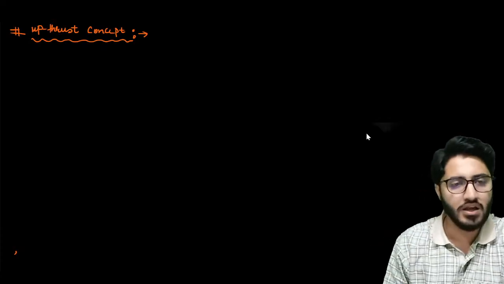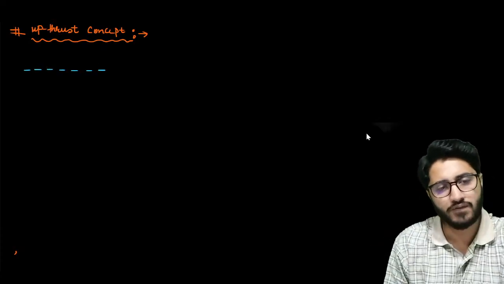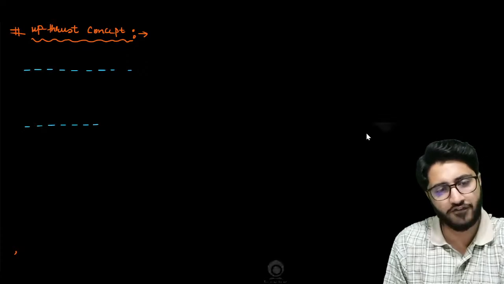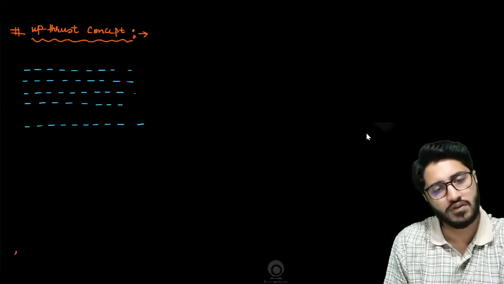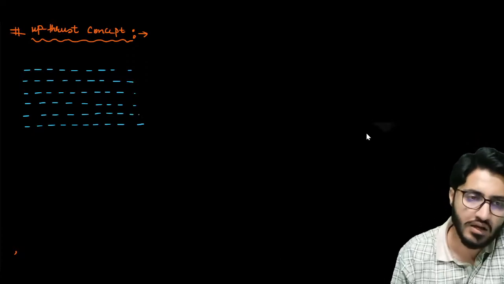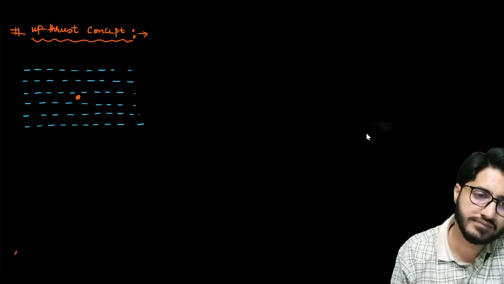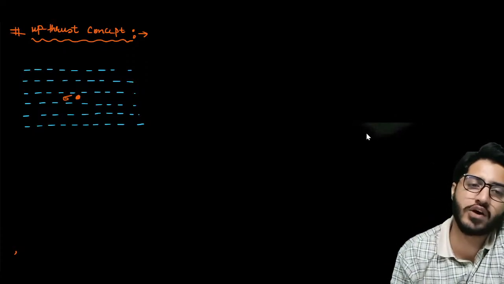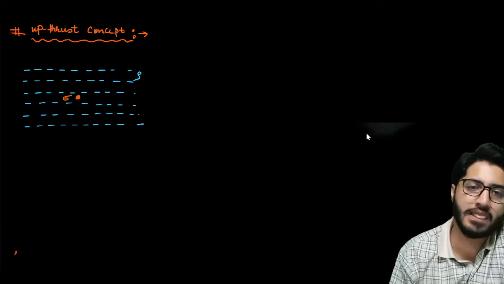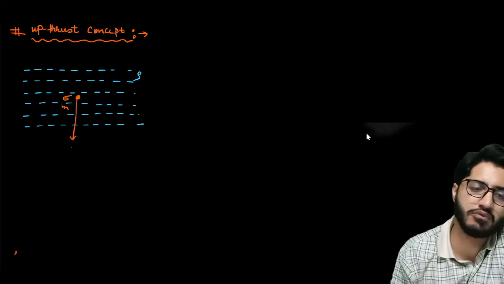Look now. If we have some fluid, the dotted region represents the fluid. If here I have a particle, the density of the particle is sigma. Every time we take the density of the particle as sigma and the density of water or any liquid as rho. The particle's mass is m, so the weight is mg.